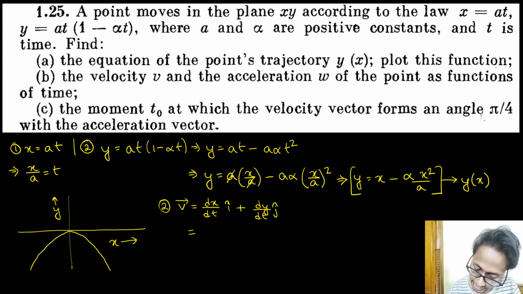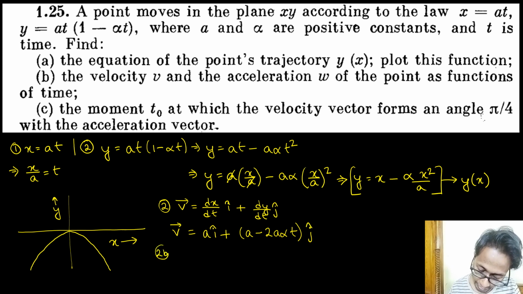Here x equals a t, so dx by dt is nothing but a, giving a i, or the v vector equals a i plus dy by dt j. What happens when we differentiate y with respect to time? It is a minus 2a alpha t, so a minus 2a alpha t j. This is our velocity vector.